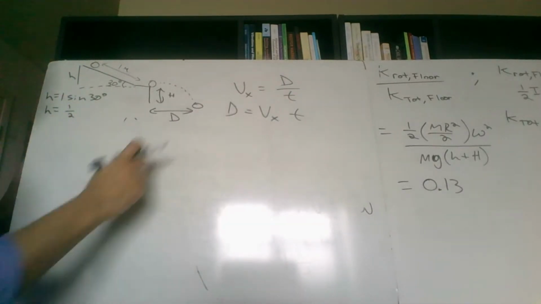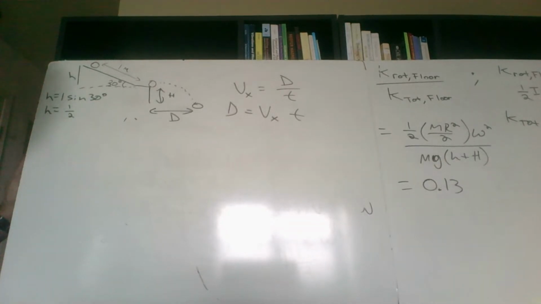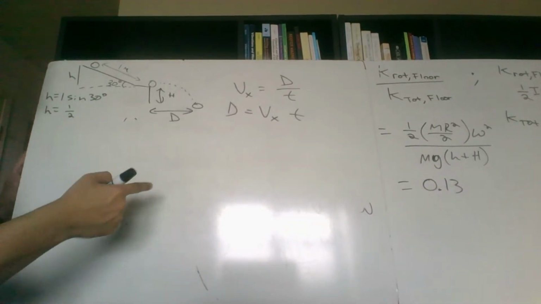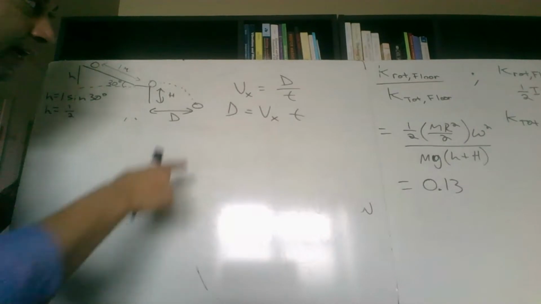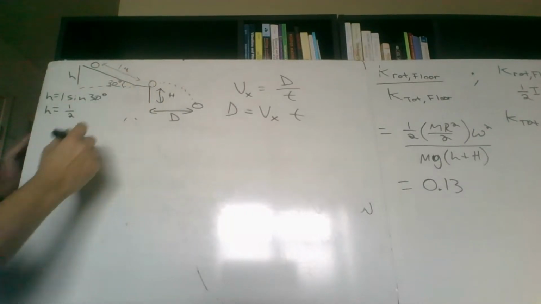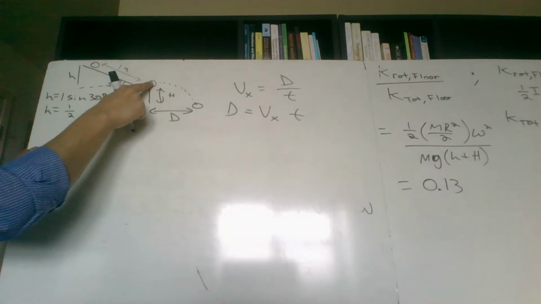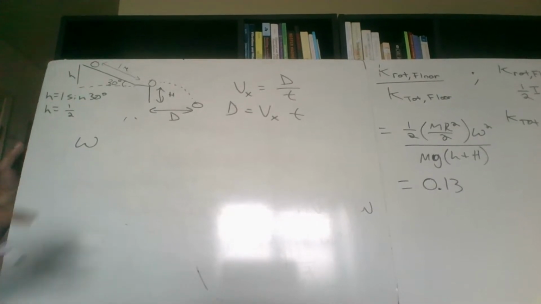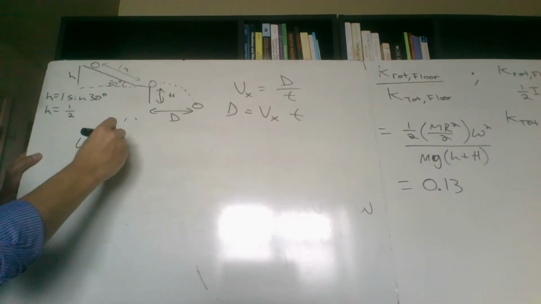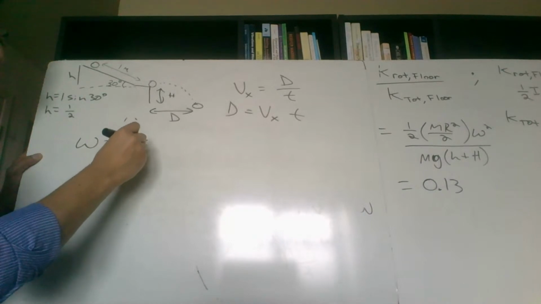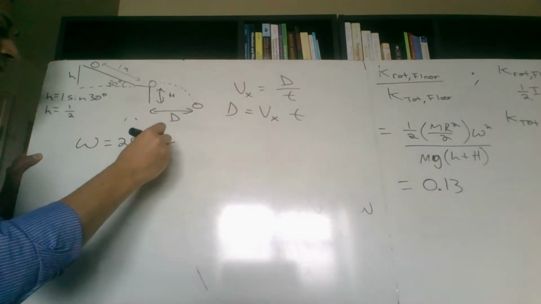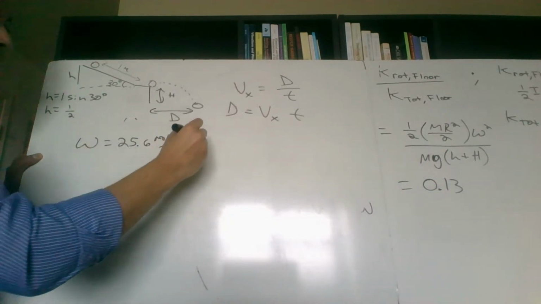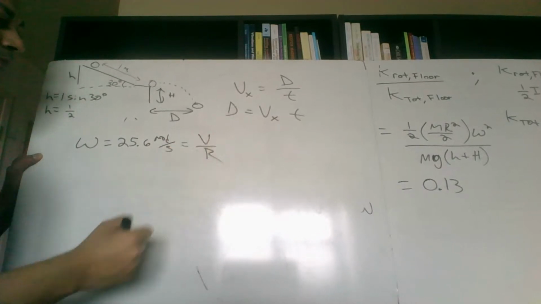Okay, so v_x, we can get v_x because we know what omega is at this point right here. So omega at the table right here was equal to 25.6 radians per second, and that's going to equal v divided by r.